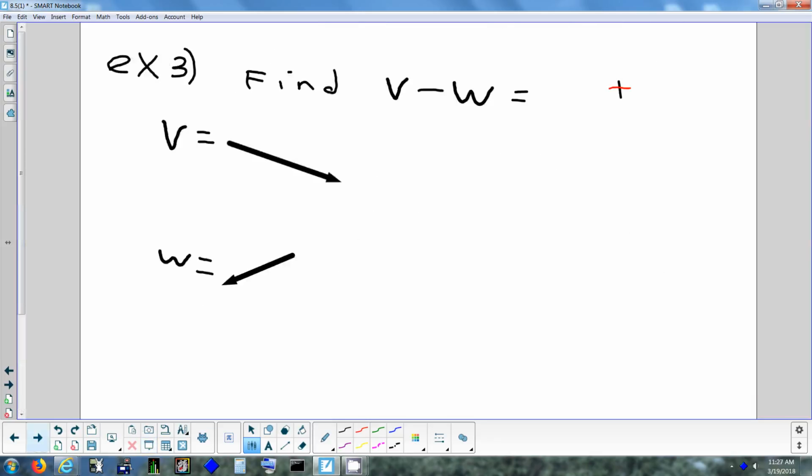So Casey, using the idea that we just had, how can you rewrite v minus w with addition? V plus negative w. Right, the two things we're going to add are v and negative w. Well, I've got v. I need negative w.